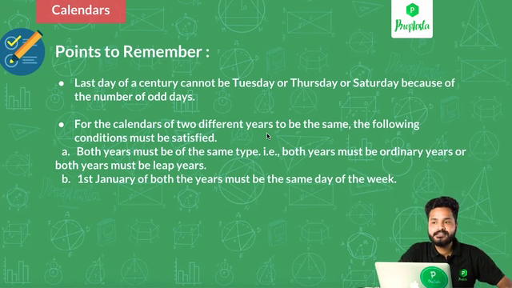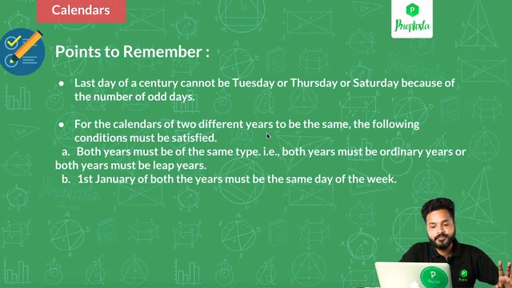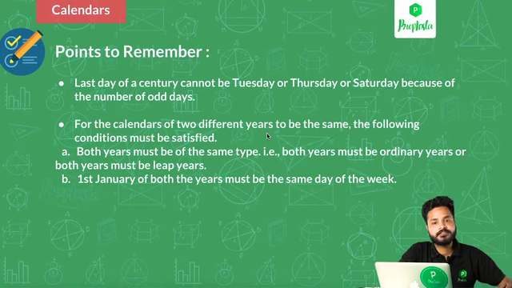So for example, if I say 1555 and 1655, is the calendar for both the years the same? In that case, I have to see that the 1st January must be having the same day of the week. Apart from that, we will also have more checks, but the first condition is 1st of January should start with the same day of the week, and the second thing is both should be either ordinary year or leap year. So now once we are done with this, let's start solving questions on calendars.